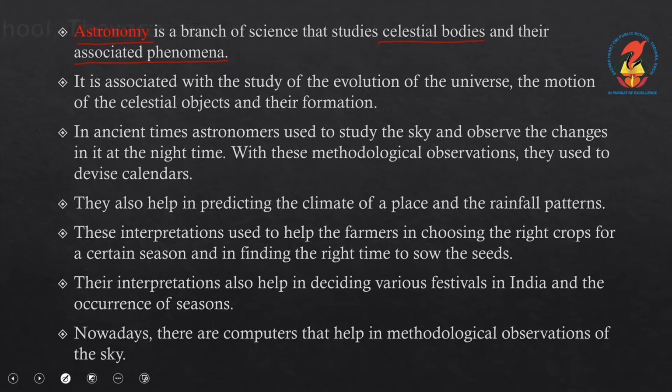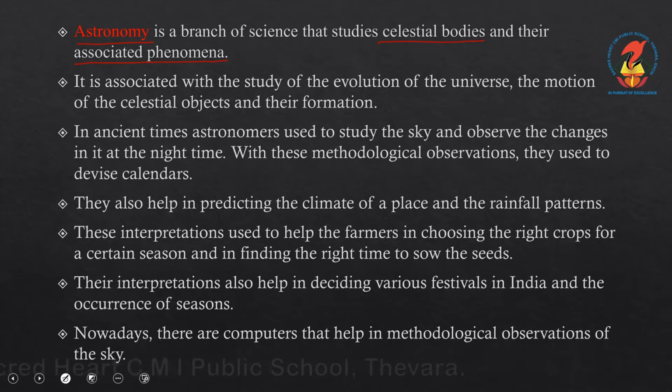These interpretations helped the farmers in choosing the correct crops for a certain season and in finding the right time to sow the seeds. Their interpretations also helped in deciding various festivals in India and the occurrence of seasons.